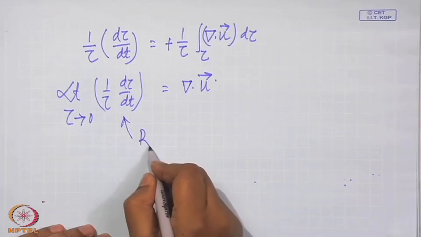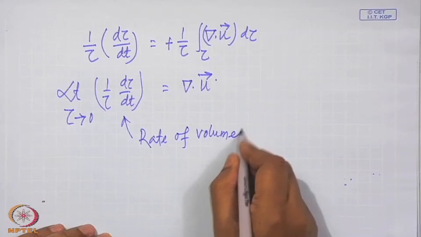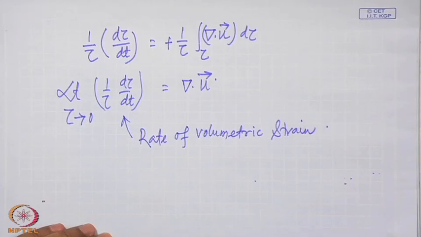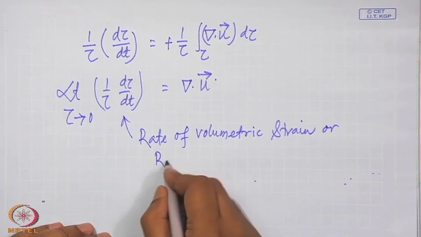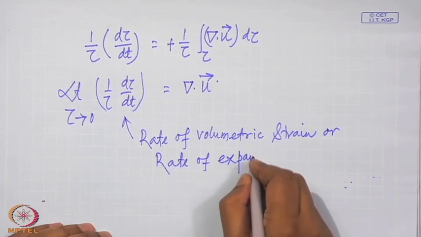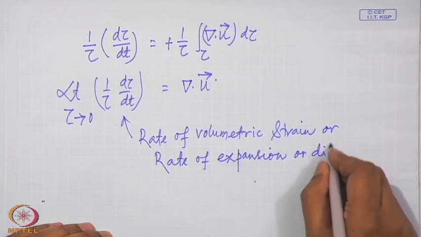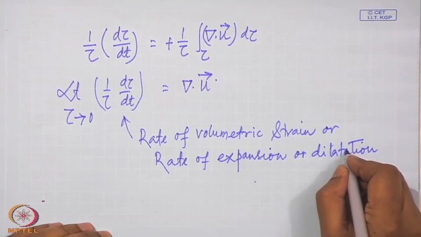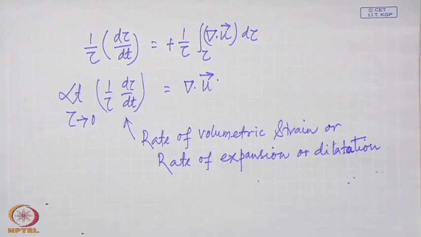So, this side is rate of volumetric strain, or rate of expansion, or rate of dilatation.